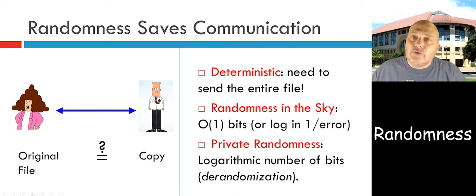If you have some randomness in the sky that both of them see, then you only need order 1 bits of communication, or if you want a smaller error, then log of 1 over the error that you want. And with private randomness, you need a logarithmic number of bits. We've seen this example. So this is, in a sense, a derandomization of this randomness in the sky example.